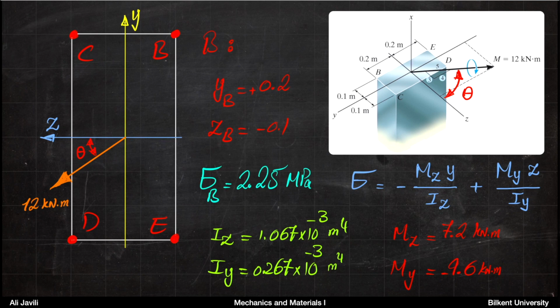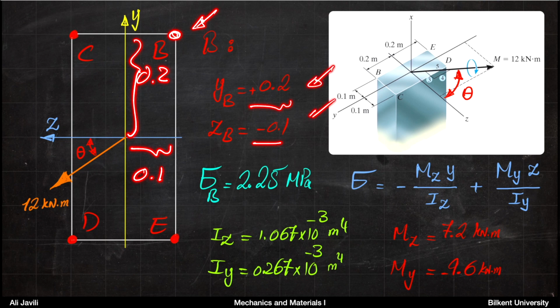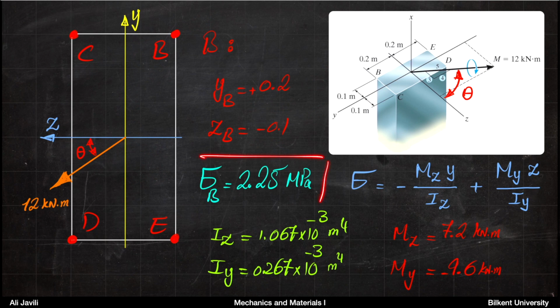So for corner B, the coordinates are plus 0.2 in the y direction and minus 0.1 in the z direction. So this is your point B. This is plus 0.2, and this is basically 0.1 in the negative direction. So you insert these two coordinates in this formula, and your stress at point B would be 2.25 megapascal.